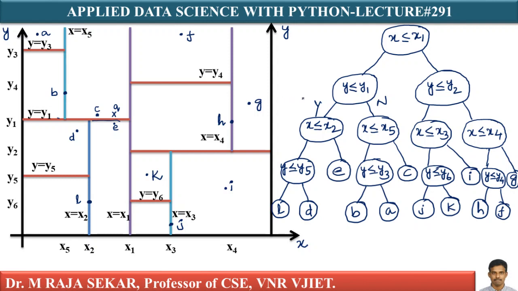Now I go down this tree from y less than or equal to y1 to x less than or equal to x2. Now my question is, is xq less than or equal to x2? What is my xq?